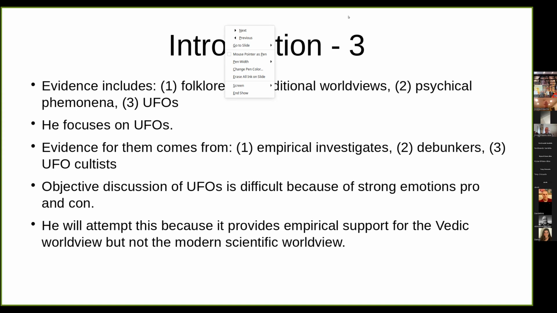It was called Alien Identities, but he originally wanted to call it Parallels, because the theme is there are many parallels between the reports from modern UFO investigations and all kinds of accounts given in different Vedic literature like Ramayana and Mahabharata and Srimad Bhagavatam. And he was just amazed by all these different similarities, and he saw it as evidence supporting the Vedic worldview.